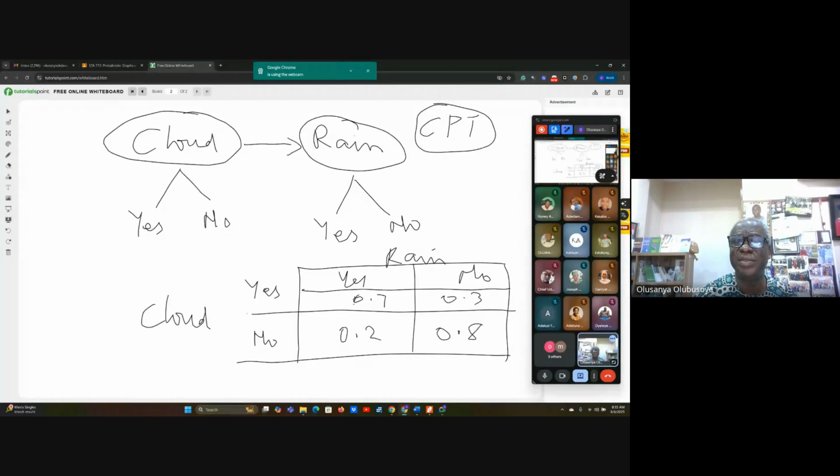And this 0.3 is saying if it's cloudy, there is 30% chance that there will be no rain. So who is going to tell me what this one stands for? Yes, Mustafa.